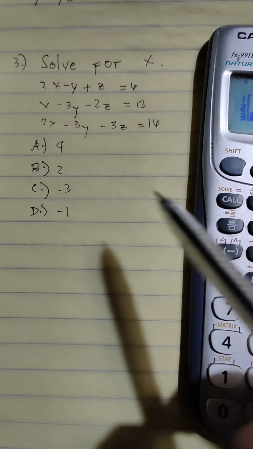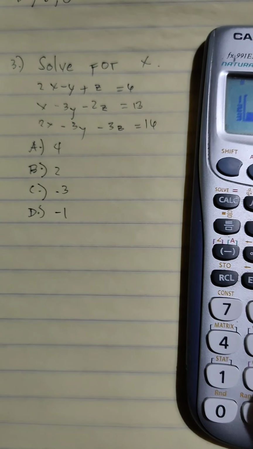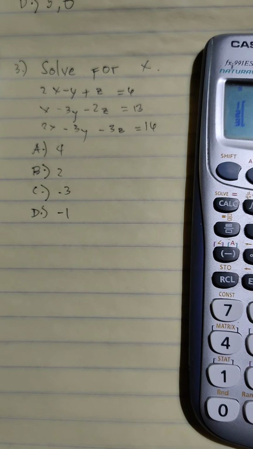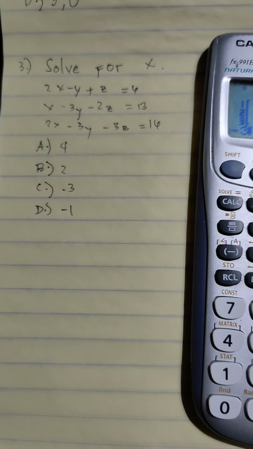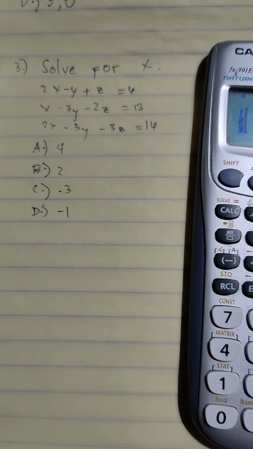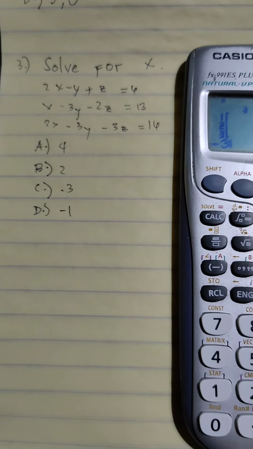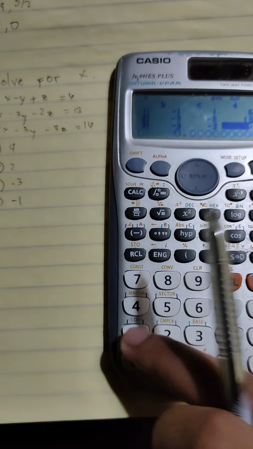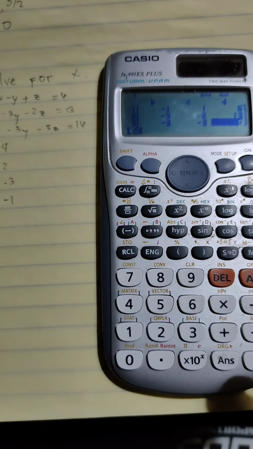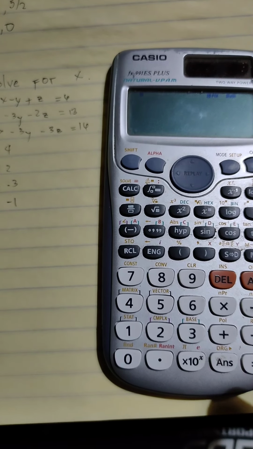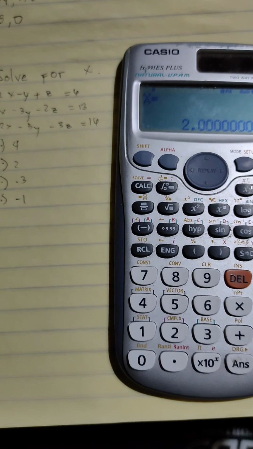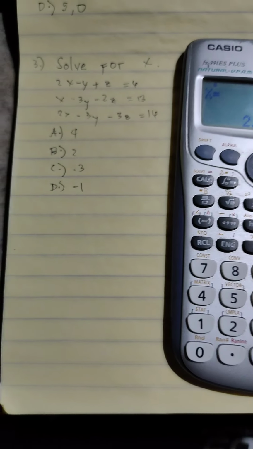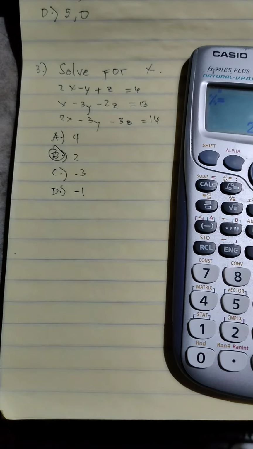For the last equation, 2 equals, negative 3 equals, negative 3 equals, then 16. So the value of x in this problem is number 2, which is letter B.